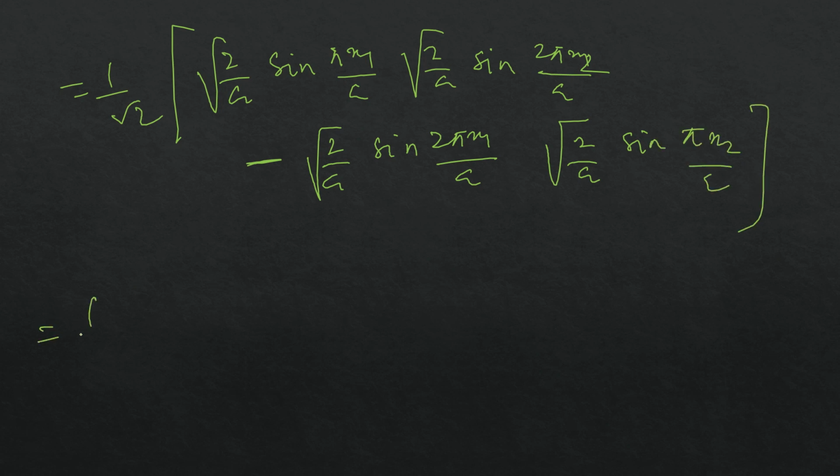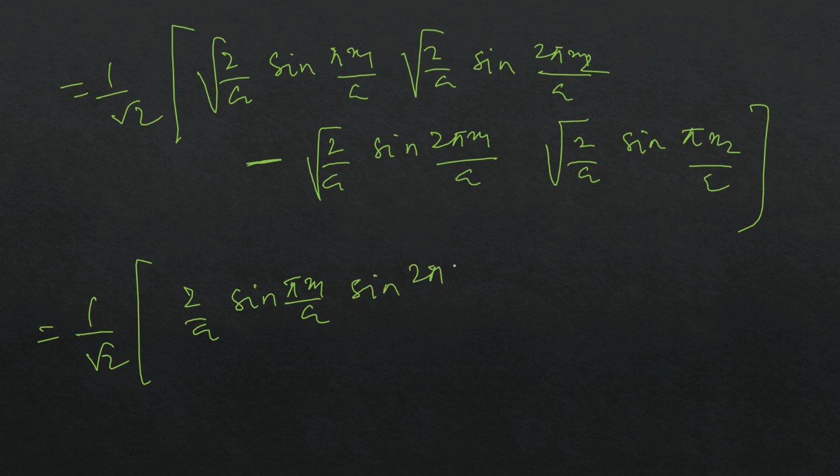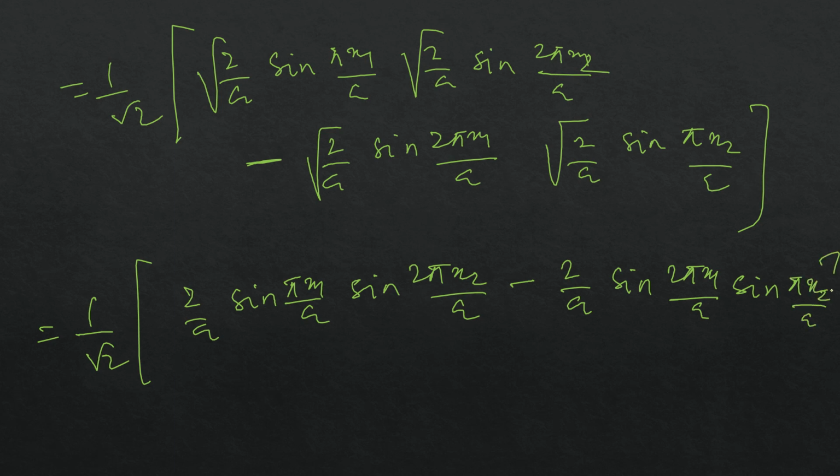If I simplify it a bit more, that would be 2 by a sine pi x1 by a sine 2 pi x2 by a minus 2 by a sine 2 pi x1 by a sine pi x2 by a. This is the answer. Alright, is it clear?